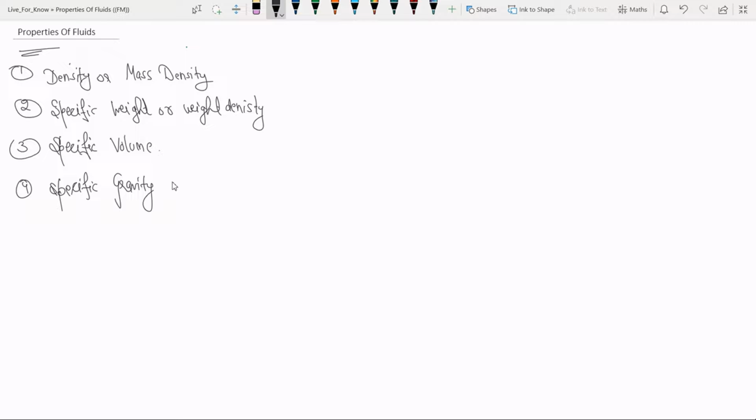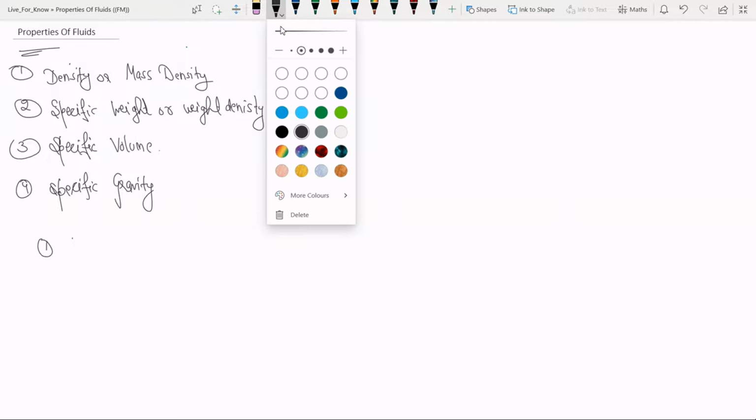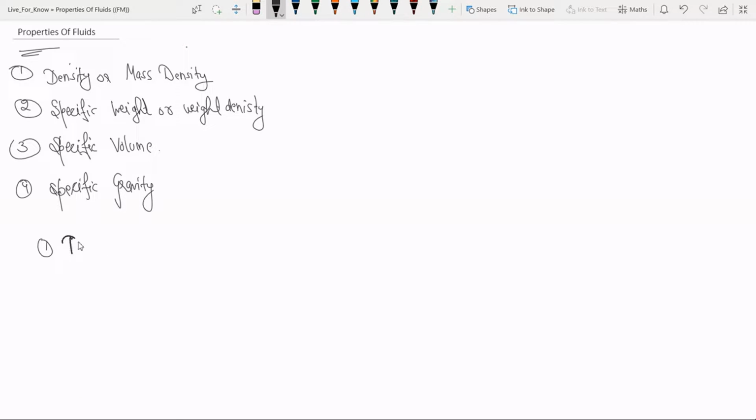So number first, density or mass density.